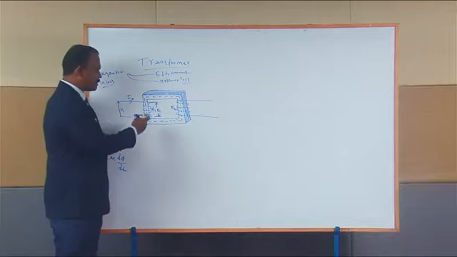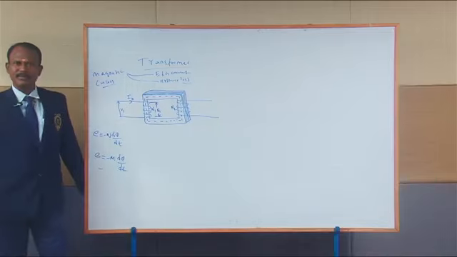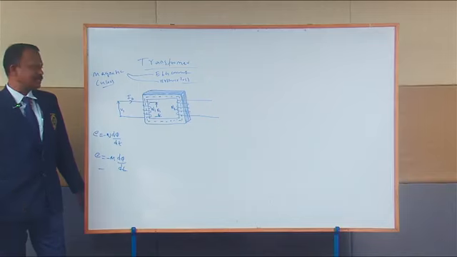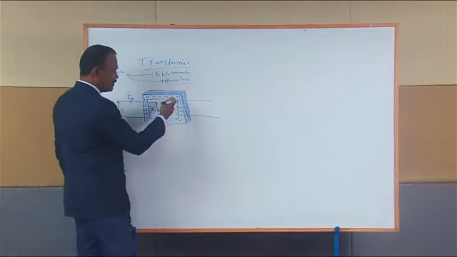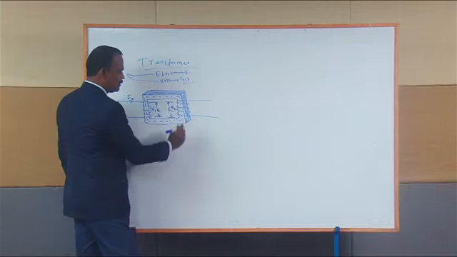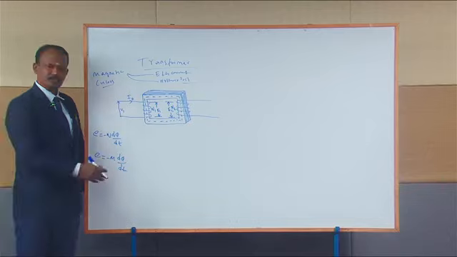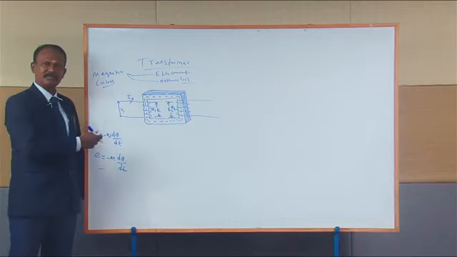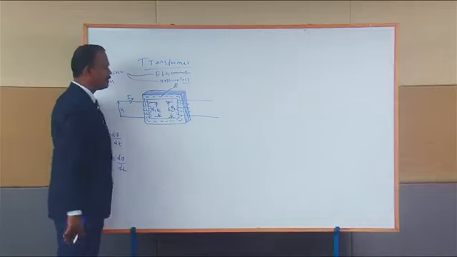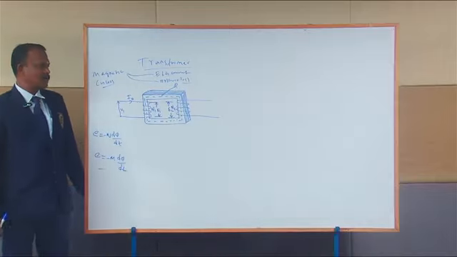The flux produced by the primary coil travels through the magnetic core and is also linked with the secondary winding. This induced EMF I call E2. But this E2 is also induced because of the same flux, phi.